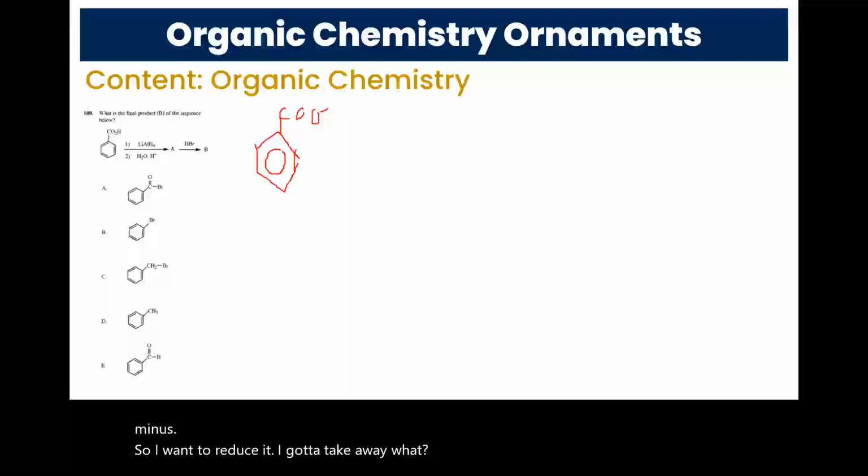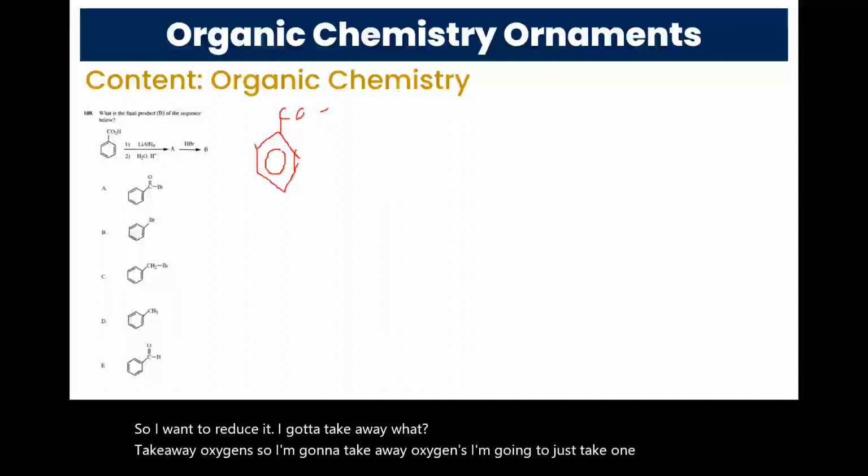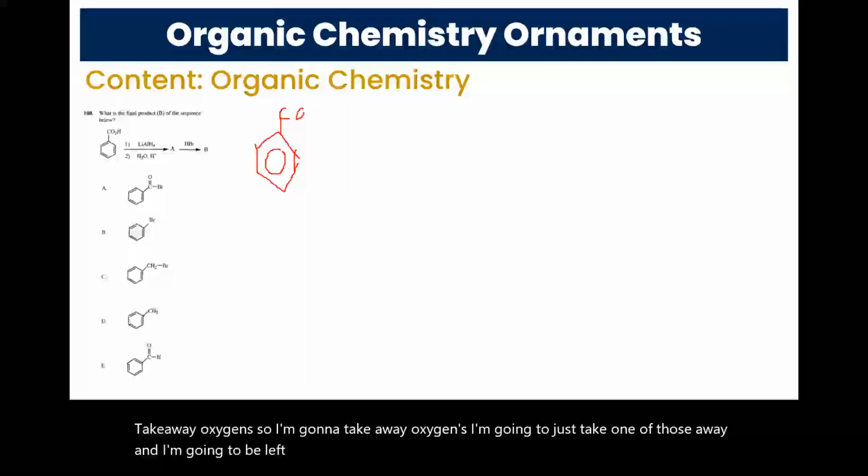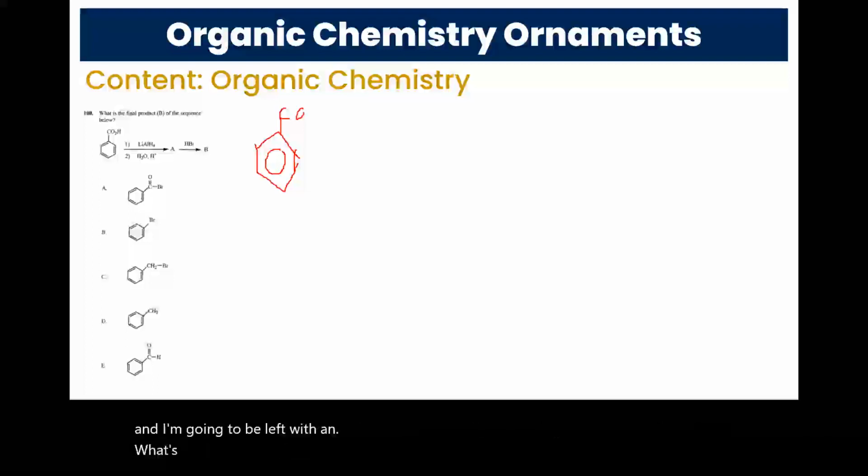Take away oxygens. So if I'm going to take away oxygens, I'm going to just take one of those away, and I'm going to be left with, what's a carbon with a single oxygen on it?